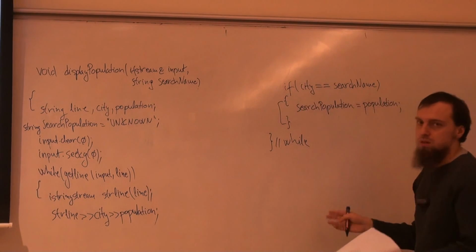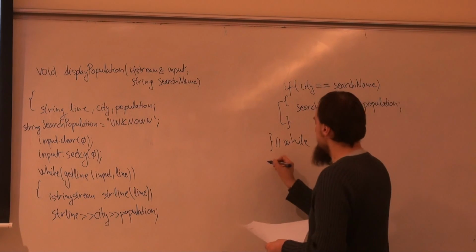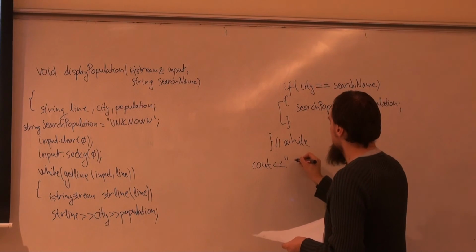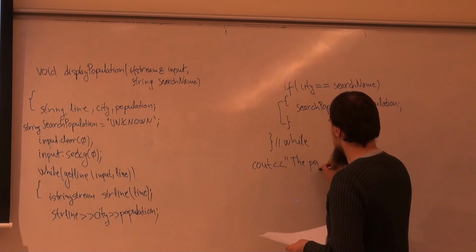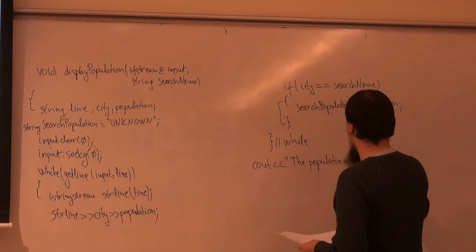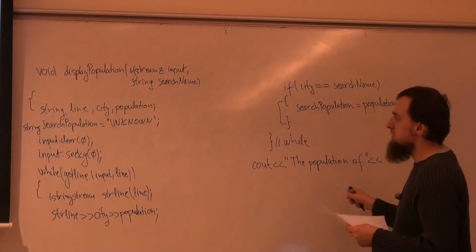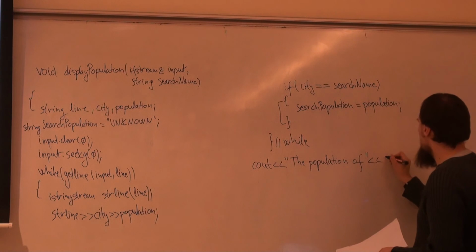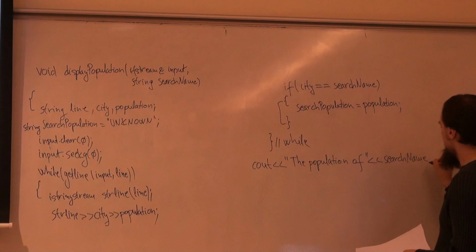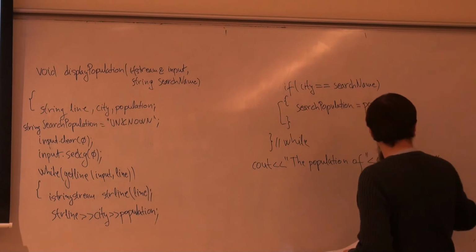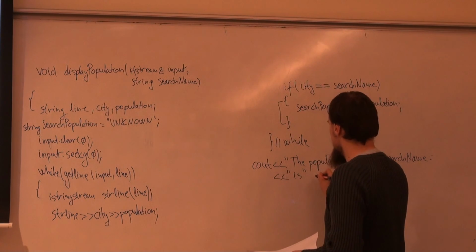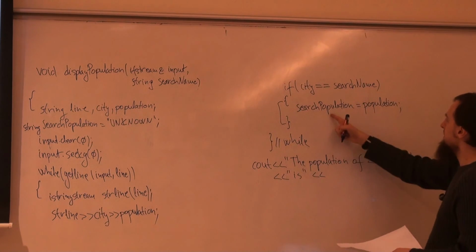In the end, we print the city and the population of that city. So, cout the population of, now we are printing the search name we have been looking for, is, now we are printing the search population.